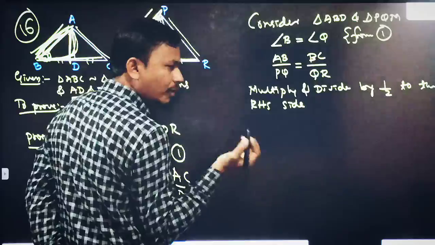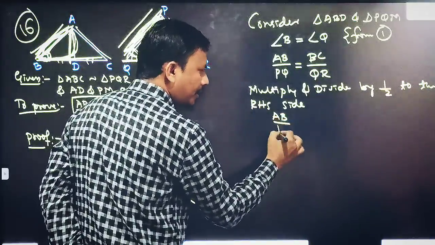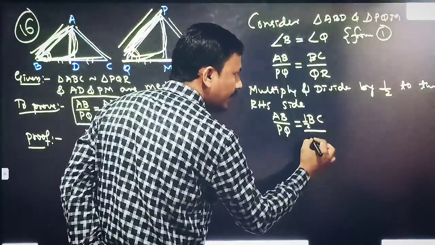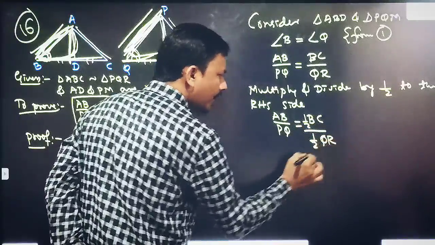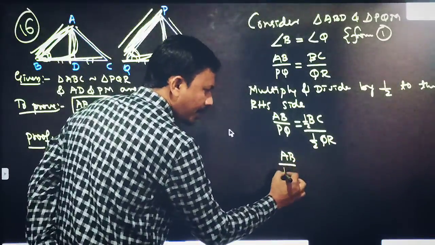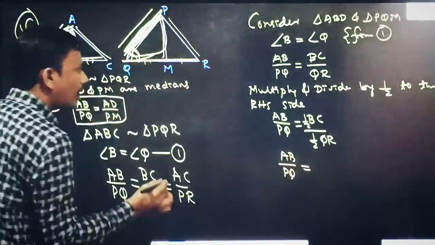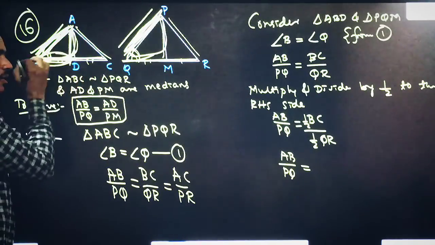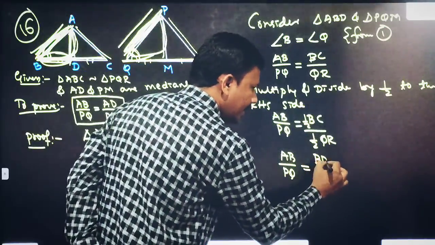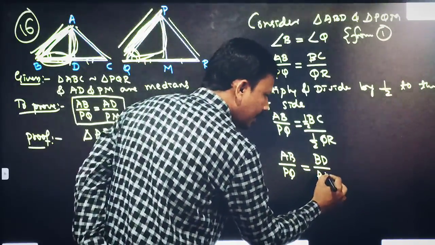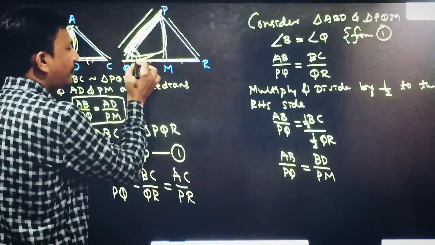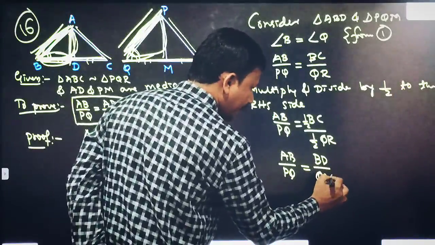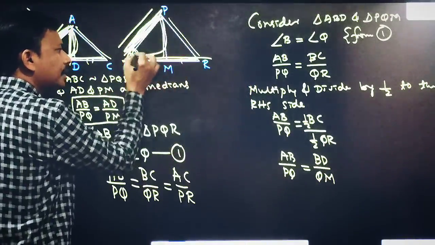AB divided by PQ is equal to half of BC divided by half of QR. What is half of BC? BD. Yes or no? In triangle ABD, half of BC is equal to BD. BD divided by PM. Correct? Half of QR is QM.